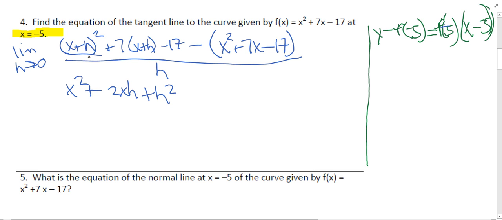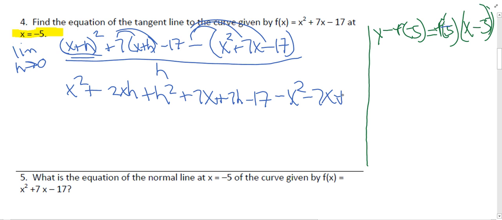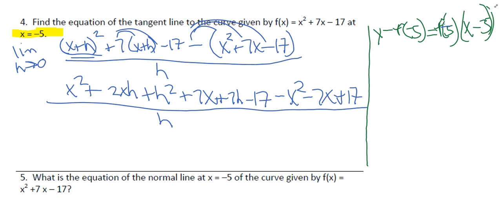That's the first term. Then we're going to distribute the 7 to get 7x plus 7h minus 17. And then we'll go ahead and distribute our negative here 3 times. And we get a negative x squared minus 7x plus 17. And it's all over h. Okay, let's see what we can cancel.